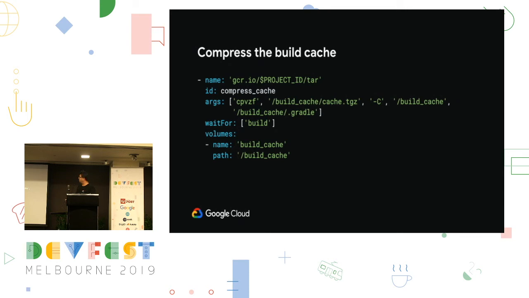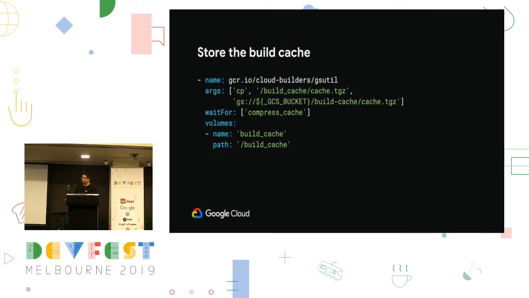So we call this build step compress cache, and all we're doing is we're calling tar, we're saying create a tarball, gzip it, and basically take our Gradle cache that we generate, the .gradle directory, and just go and dump it on this volume that we go and mount called build cache.